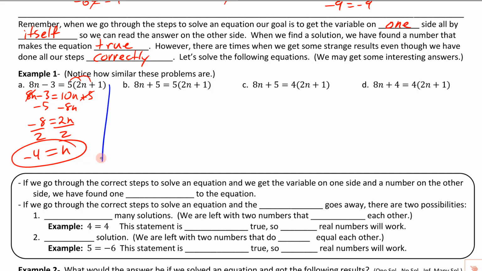Let's see what happens on this one. So we have that 8n plus 5. When we multiply here, we get 10n, and the other one we get a 5. We're going to move the smallest one again, so I'm going to subtract the 8n. If I'm going to get the n's over here, which again is going to give me a 2n, I'm going to move the 5 to the other side by subtracting 5.